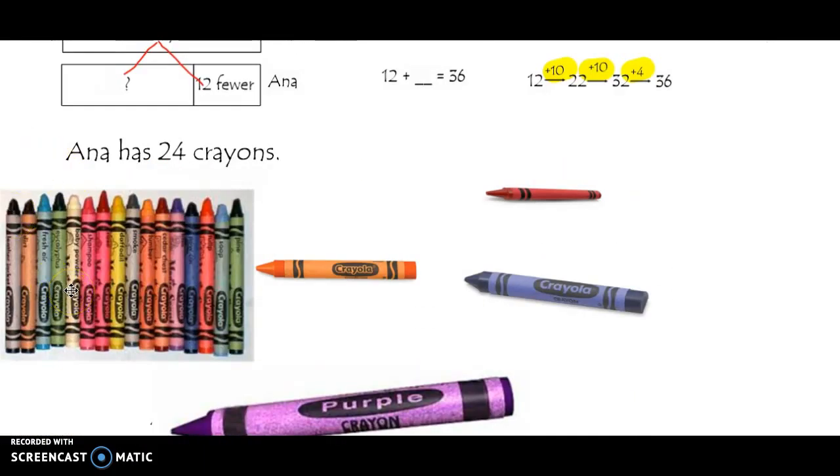So I'm going to think about this in a tape diagram, and I'm thinking that I know what the parts are, but I don't know the whole amount. So draw your tape diagram, then press play to check to see if yours looks similar to mine.